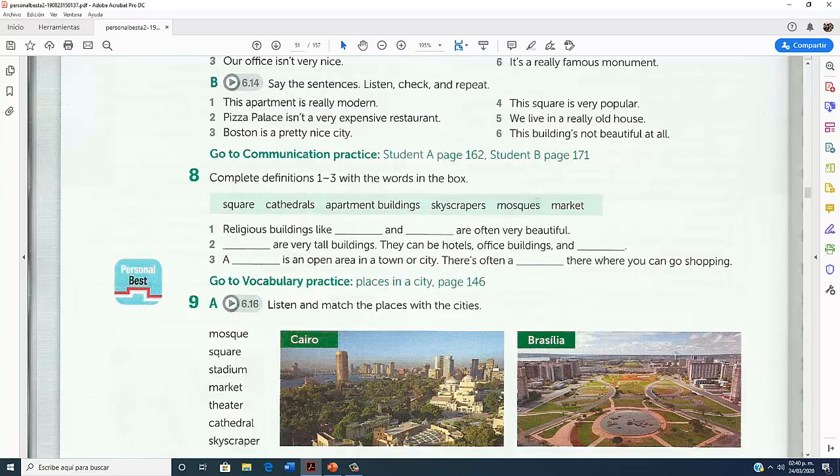Now that we are talking about cities and places, we are going to see some vocabulary related to places in a city. Yeah? Places like square, cathedrals, apartment buildings, skyscrapers, mosques, and market. Number 1.